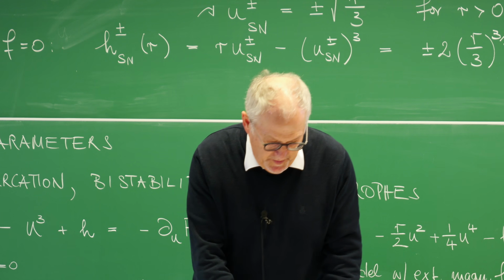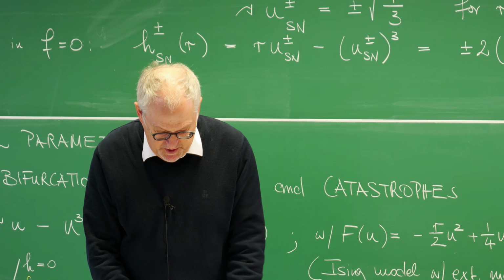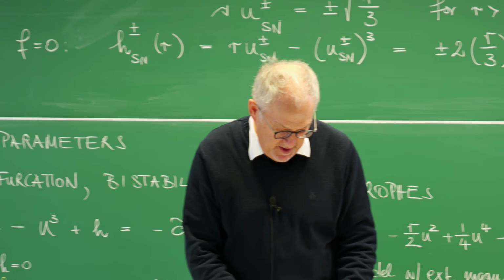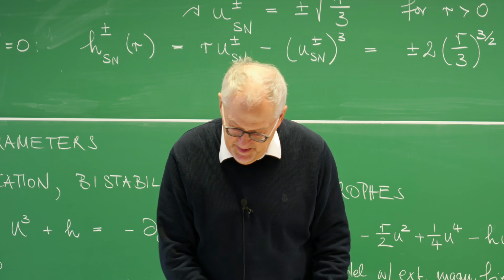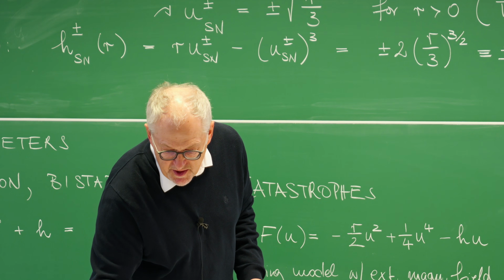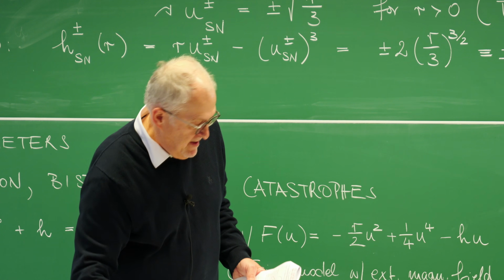All right, so that concludes the chapter on saddle node bifurcations and cusp bifurcations and all that. And let me now come to another case of bifurcations, which is called a transcritical bifurcation.